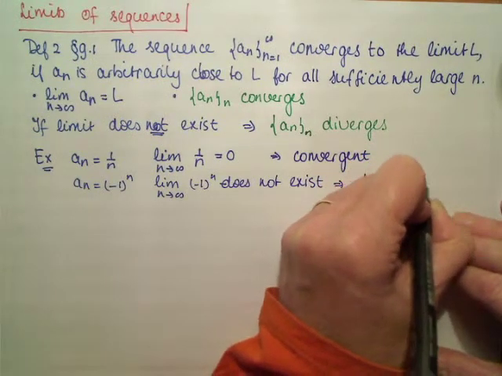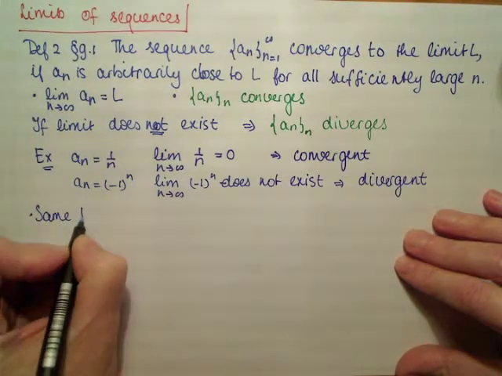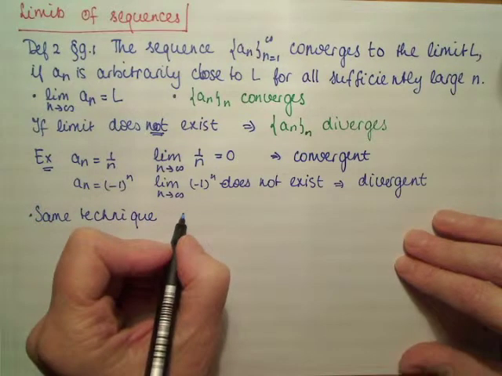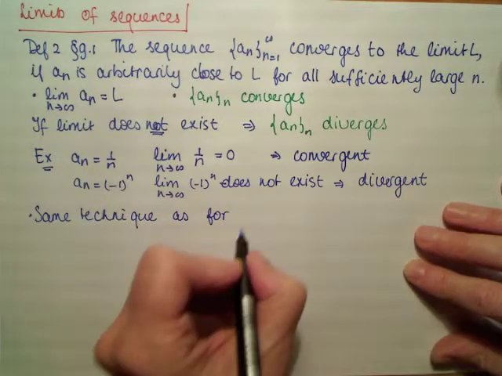And in the calculation of limits, you can use the same techniques as we used for calculating the limit for x tending to infinity of a function f of x.